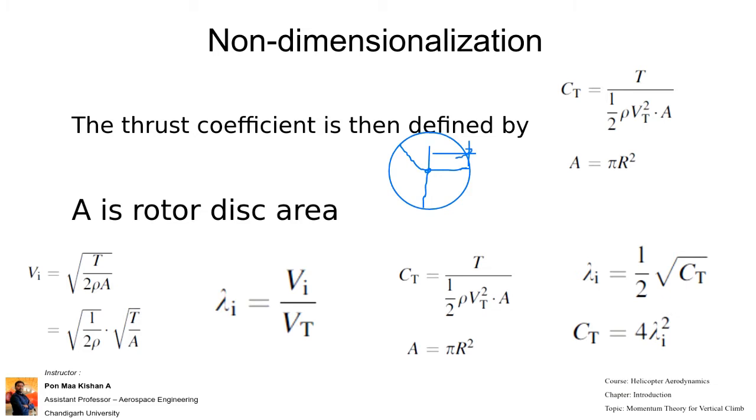From the top view, the rotor disk area is given as pi r squared. The thrust is produced from the rotor disk. In hovering condition, and in the climb condition, it acts upward. So the reference area is taken from the rotor disk area itself; A indicates pi r squared, since it is circular with radius r.